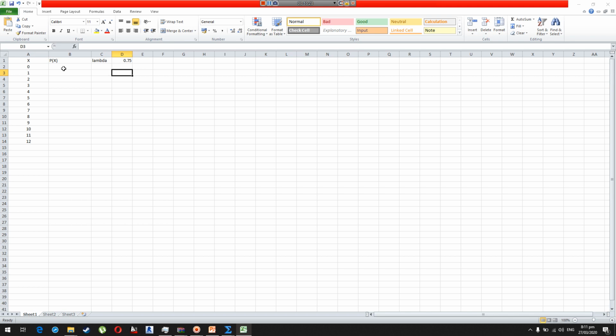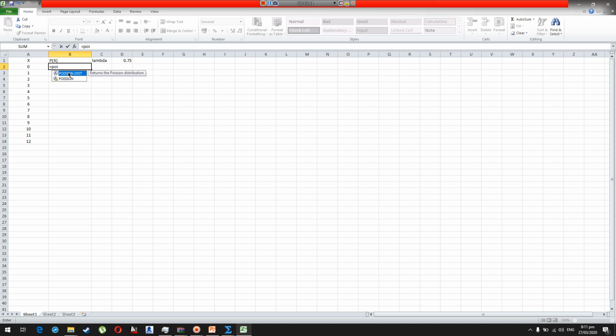So if I start determining the probability, instead of using that equation, we have the embedded equation in Excel. So equal to Poisson, I will select Poisson distribution. For X, I have values starting from 0 till 12.